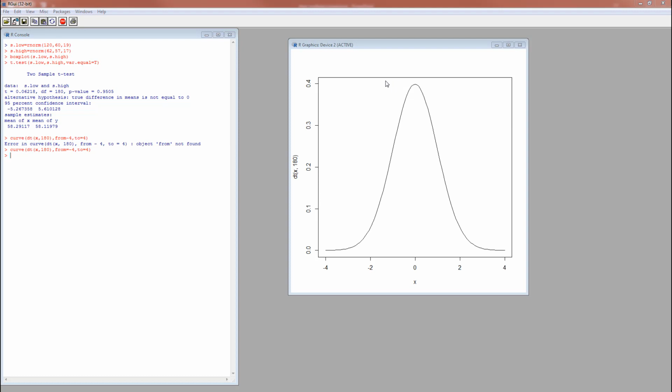This is the t-distribution for 180 degrees of freedom. We are interested in the two-sided distribution, where both positive and negative t-values are possible.